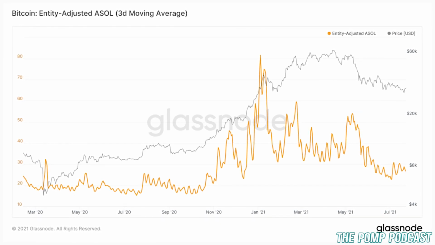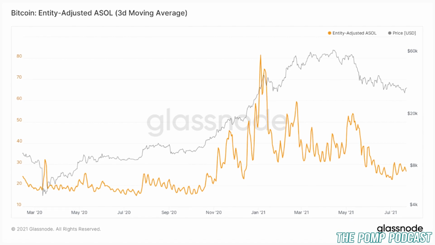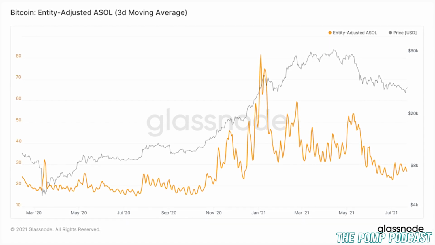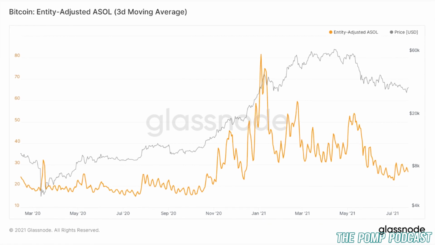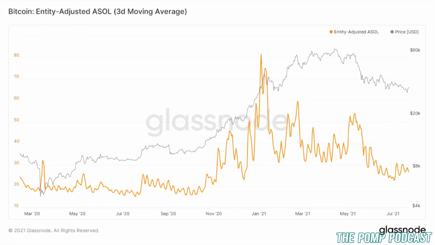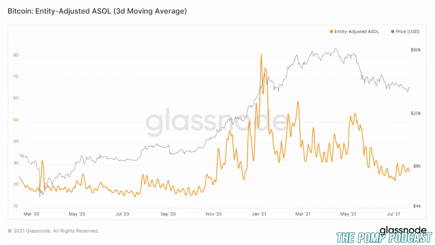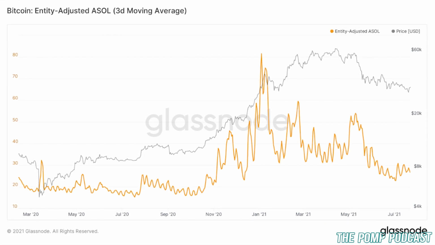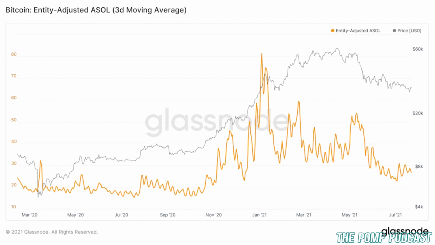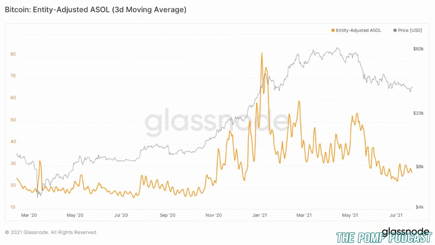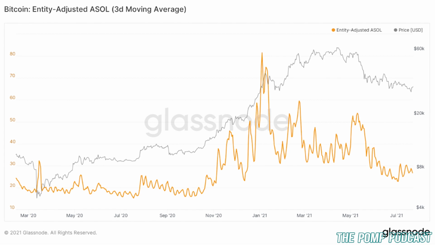The reason I didn't include 10 to 100,000 is some of that is exchanges. So if that's going up, that's not necessarily fully bullish, because it could just be an exchange recognized as an entity with that amount of BTC as their balance going up, right? So Willie filtered some of those things out, and he put together a little thread on Twitter. I would highly suggest people go check that out, but just keep that in mind.